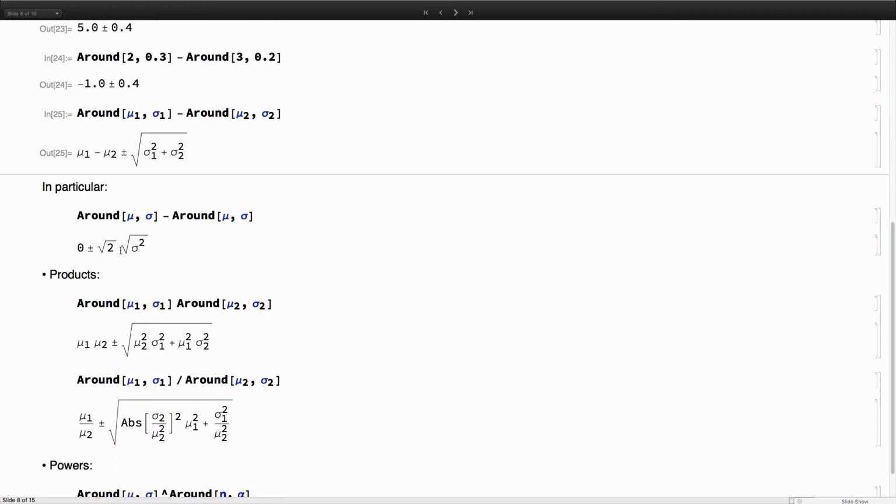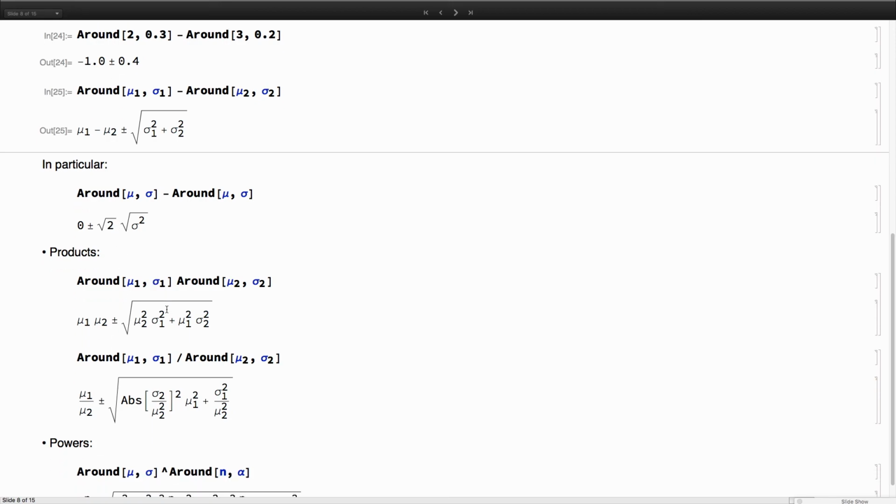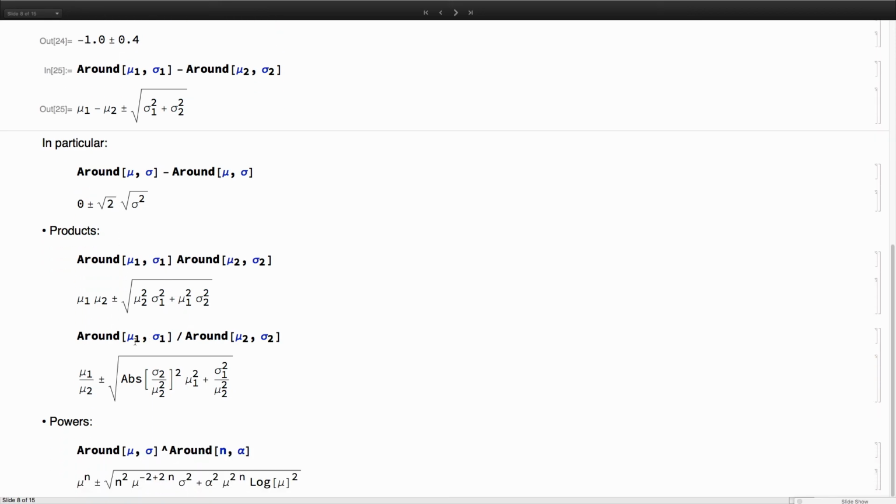In particular, if we subtract something from itself, we get 0. And then we have this object here with a square root of 2. We will discuss this square root of 2 more carefully in a moment. So we have products, we have division, first order division, we have powers, etc. It's all very easy, basically first order derivatives.